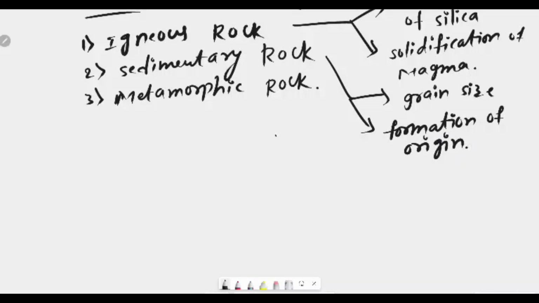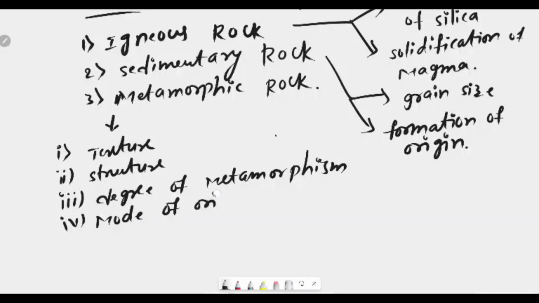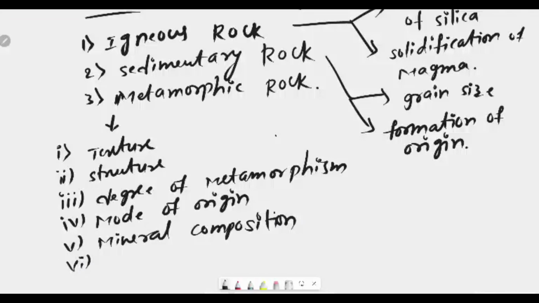In the metamorphic rocks, there are six different bases. First, on the basis of texture, on the basis of structure, on the basis of degree of metamorphism, on the basis of mode of origin, on the basis of mineral composition, and on the basis of presence of foliation.